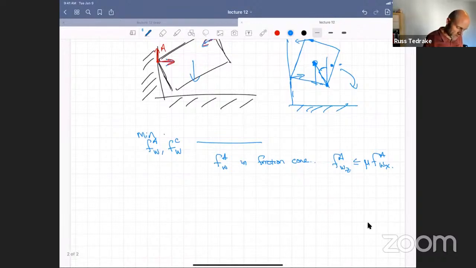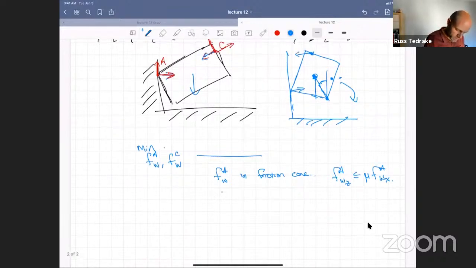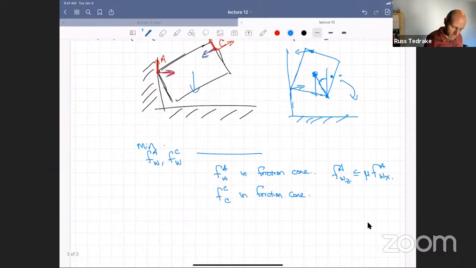Now, the friction cone in the other one, I'm going to write it in the contact frame. So I do need to be able to change frames between the world and the contact frame in order to write this controller.